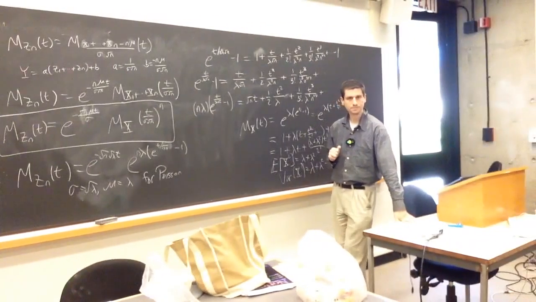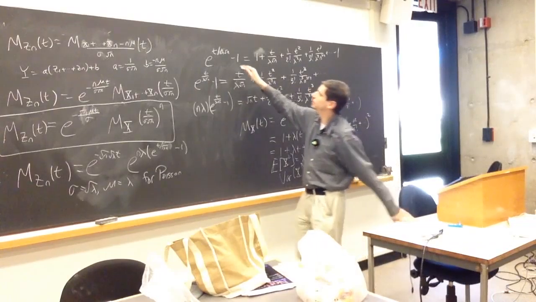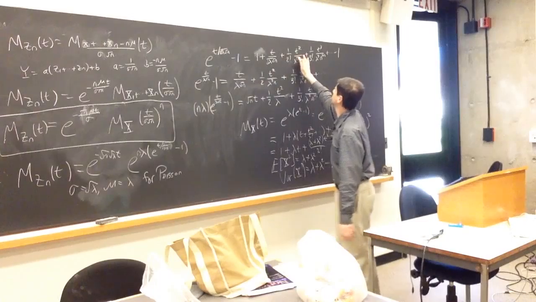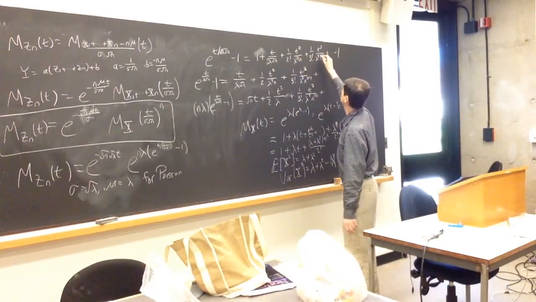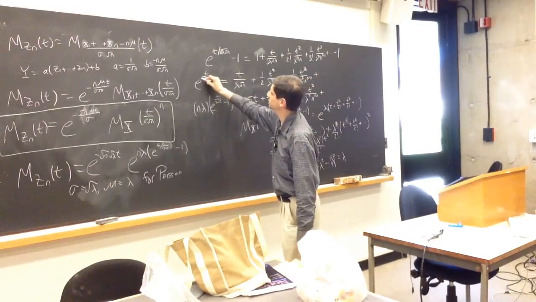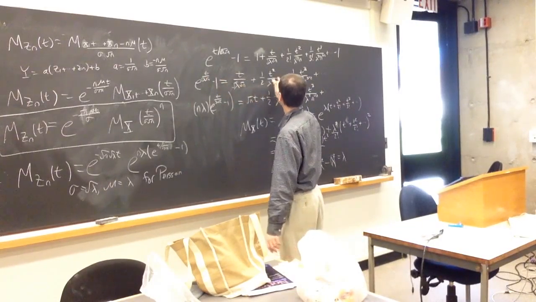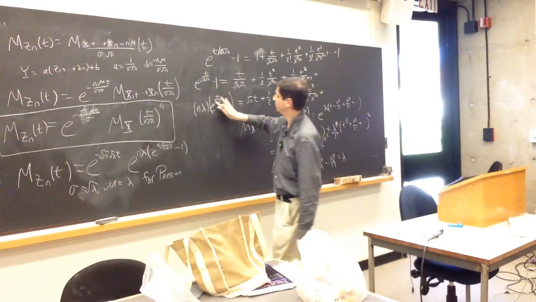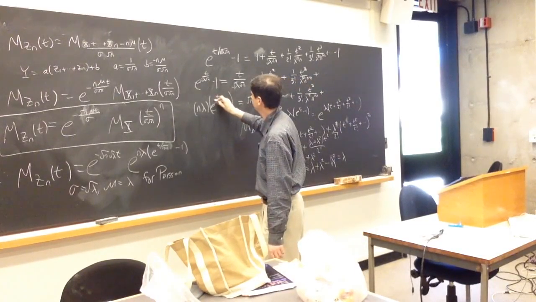Okay? So now we come over here, and now we have to replace lambda with the square root of lambda. So fortunately, not much changes. This becomes a 3/2. This is a square root of lambda, square root of lambda, lambda to the 3/2, square root of lambda.